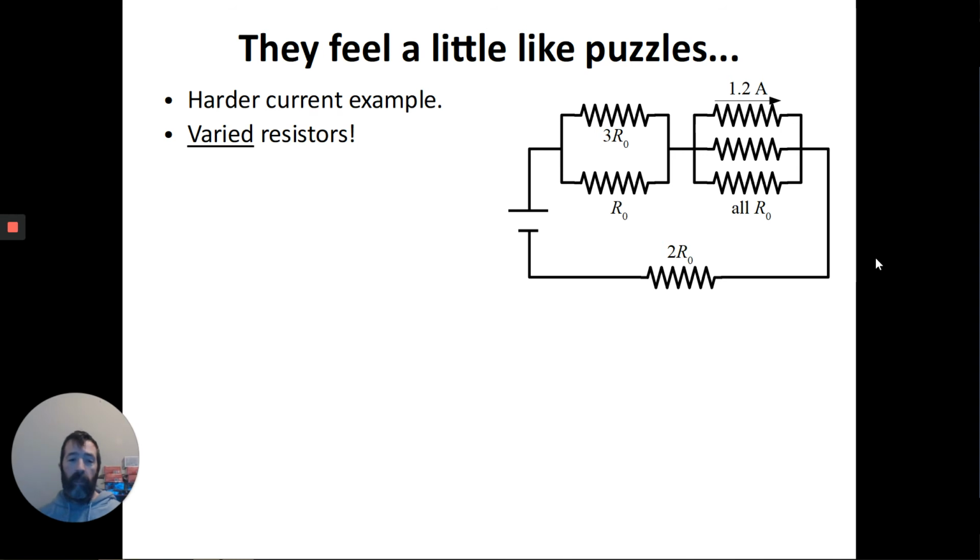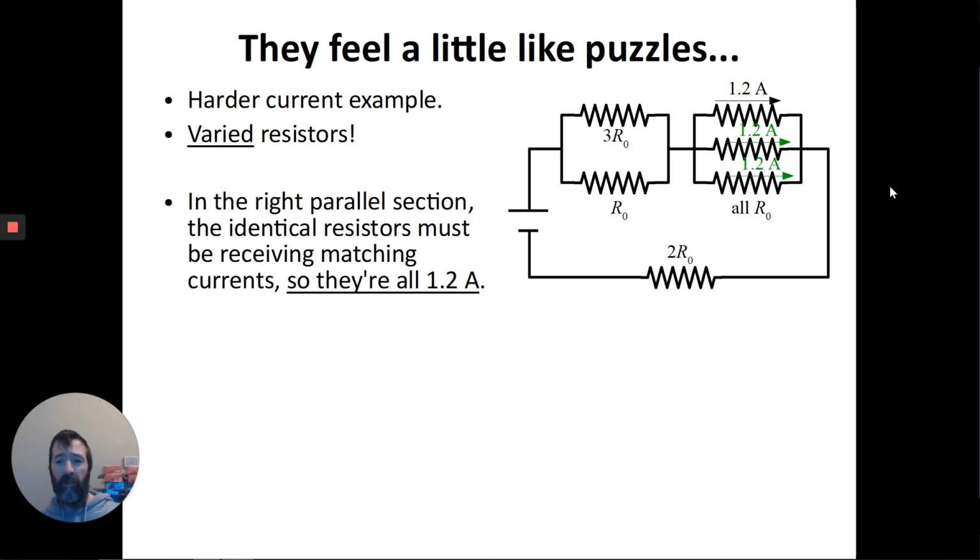So this time I would start with that parallel section of 3. Since I know the resistors are identical and they're in parallel, they're going to get the same amount of current. This one has 1.2 amps, and the other 2 also have to have 1.2 amps.